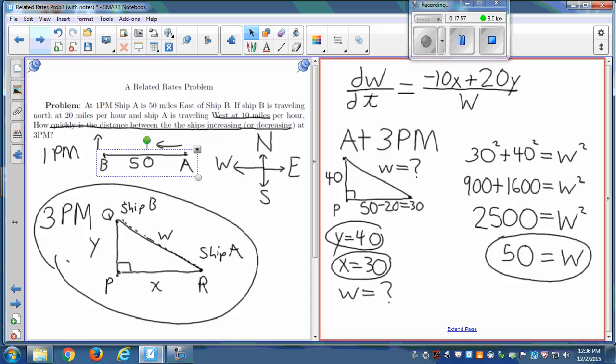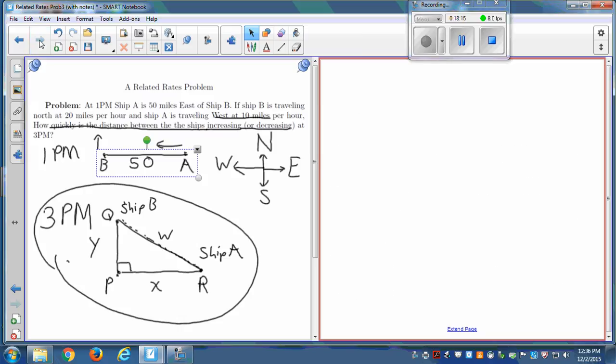So we can now find dw/dt at time 3 o'clock. So I'm going to go to the next page. I'll rewrite the information again. At this point, we're going to find dw/dt. Again, we're using the formula dw/dt equal to negative 10x plus 20y over w.